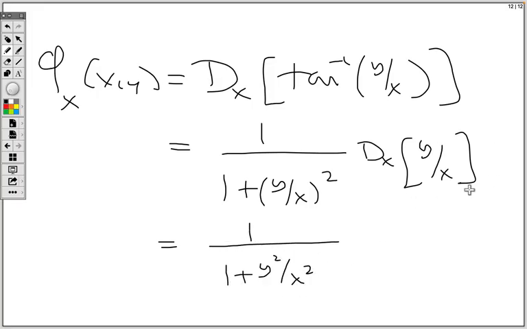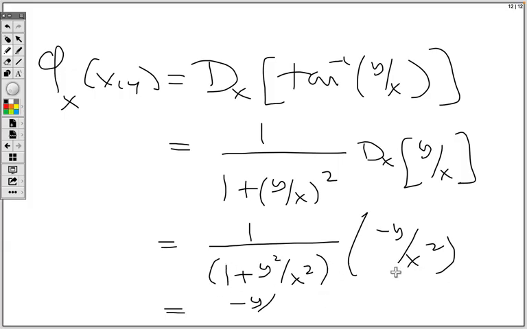What's the derivative of y over x? Minus y over x squared. So I can multiply the numerators: minus y times 1 is minus y. Multiplying the denominators, I have x squared times 1, and when I multiply by the x squared here, things drop out. So I get minus y over x squared plus y squared. That's my phi x.